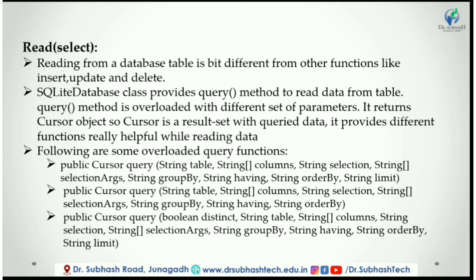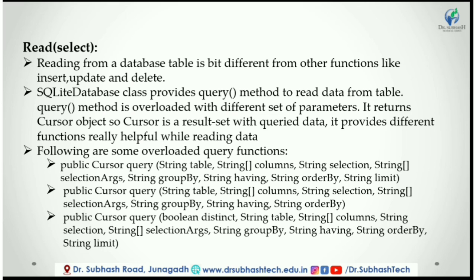First is Cursor query: String table name, String columns, String selection, selection arguments, group by, having, and order by, and the last argument is limit. The second overloaded function is: first table name, second columns, next selection, selection arguments, group by, having, and the last one is order by.